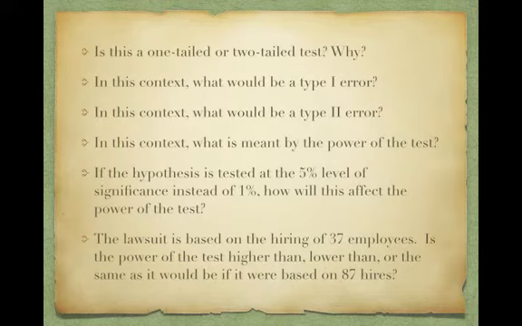All right, the next part: if the hypothesis is tested at 5% level of significance instead of 1%, how will this affect the power of the test? Now, in this case, we're talking about level of significance, so we're talking about alpha.